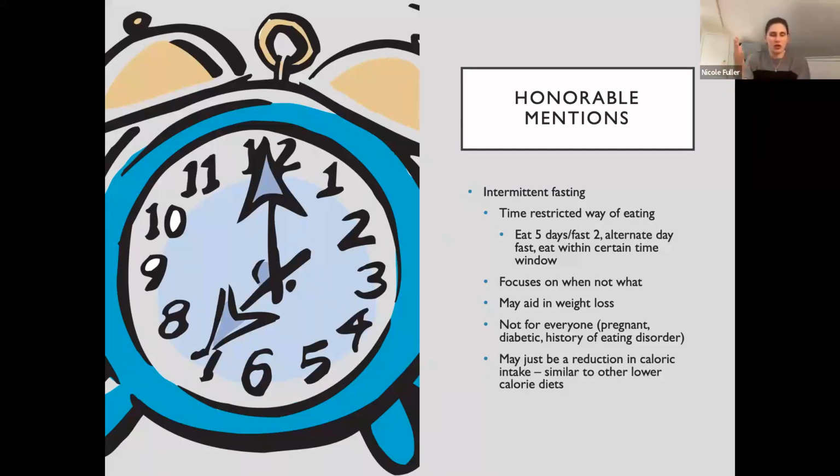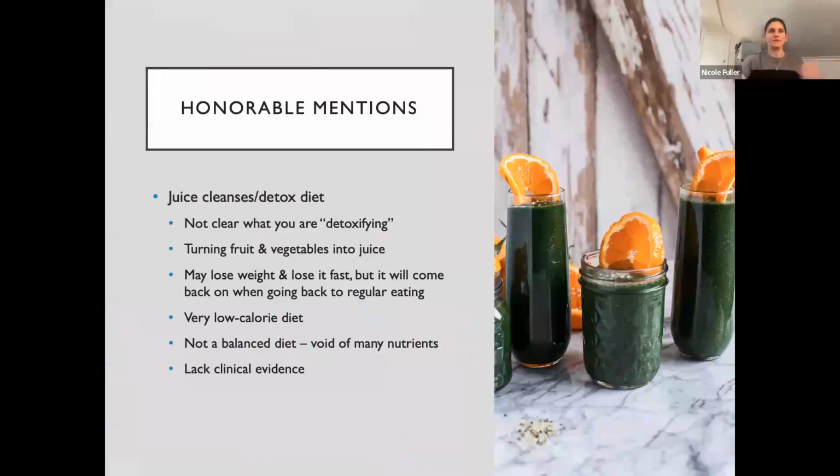So it's similar to other lower calorie diets, because if you think about it, if you're eating within an 8-hour window, you're probably not eating as much as if you started eating in the morning, but there's very limited data on some of that. Another honorable mention that I wanted to put in here is juice cleanses or detox diets.